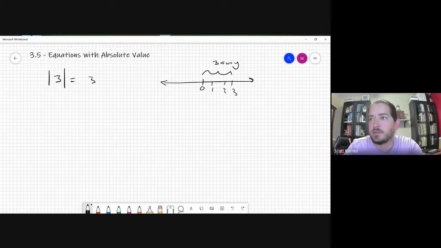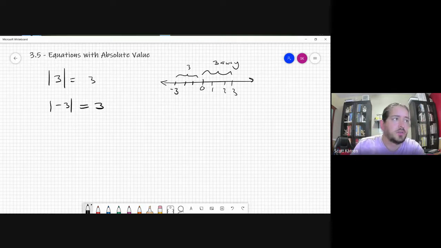But likewise, the absolute value of -3 is also 3 away. So a lot of people like to think of the absolute value as removing negatives, if there are any, but it tells you simply how far something is away from 0.